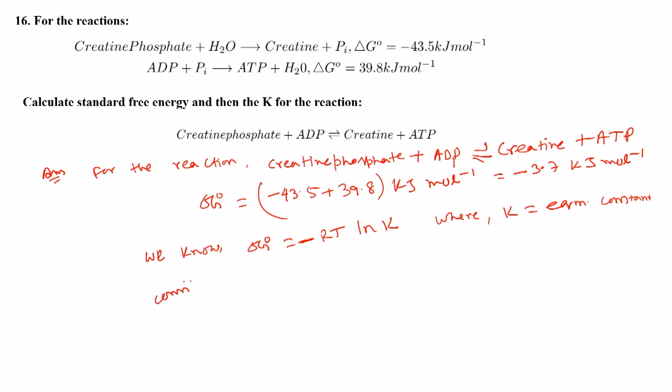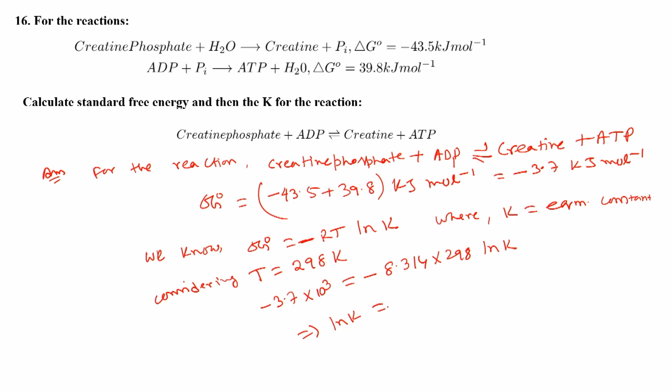So, considering T is 298 K, we can write minus 3.7 times 10 to the 3 in joule unit is minus R, again in joule unit. R is 8.314, temperature is 298 we are considering, and then we get ln K. So, we get the value of ln K is 3.7 times 10 to the 3 by 8.314 times 298. So, the value of K we get is 4.6, something like that.